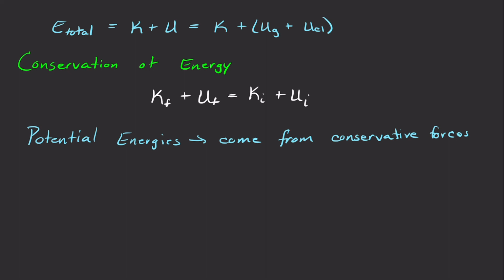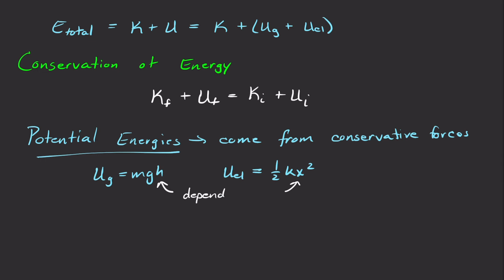So we had potential energy of gravity equal to mgh. We had elastic potential energy, or potential energy of a spring, equal to 1/2 kx squared. And both of these types of potential energies depend on displacement.